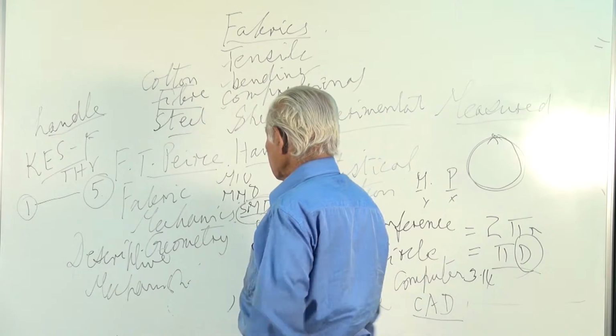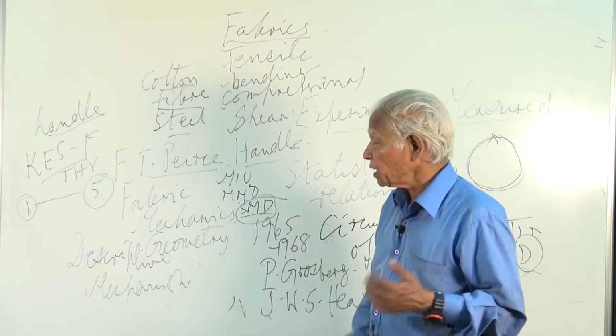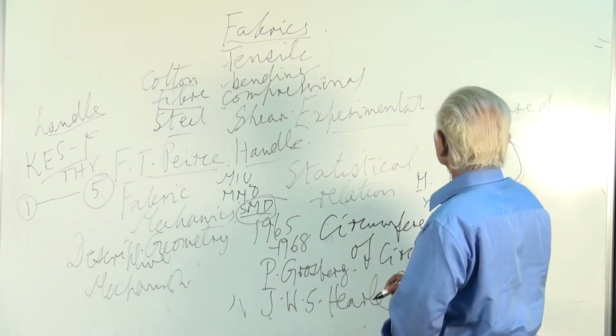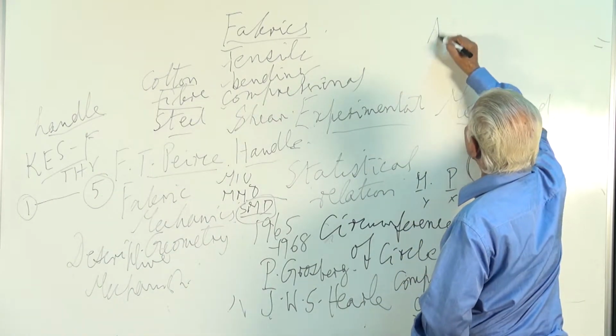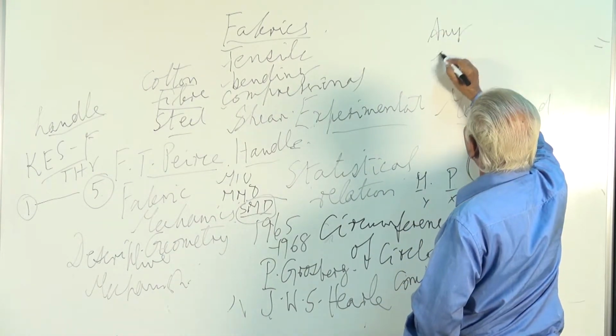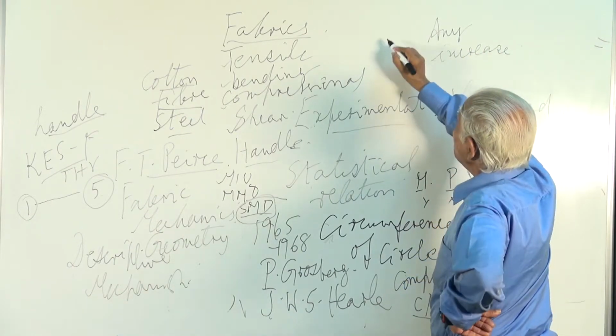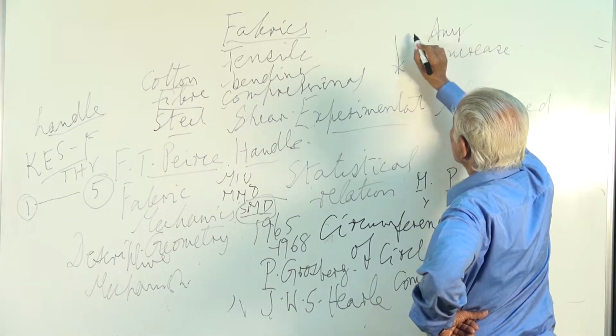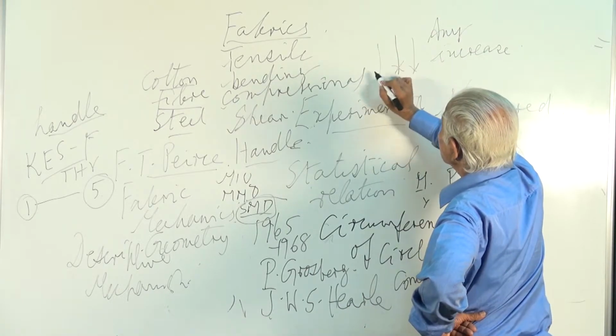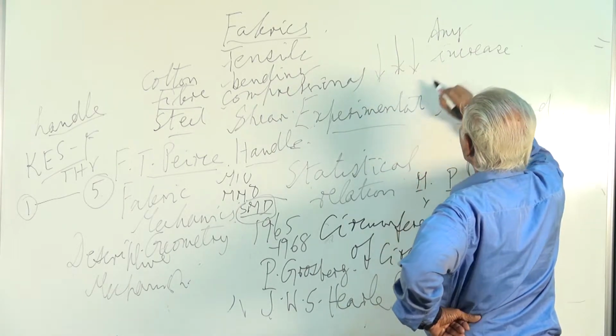And the interpretation of some of these properties is also very simple. As far as the tensile properties are concerned, any increase in tensile properties is welcome. But for bending, a lower value is desirable, for shear a lower value, surface friction a lower value.